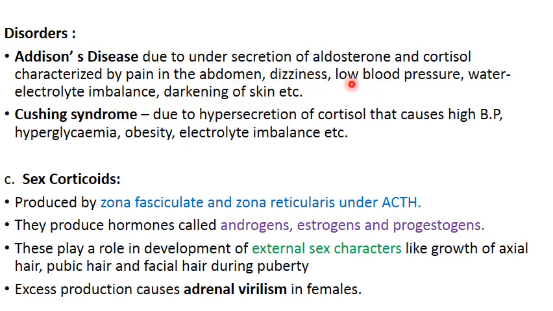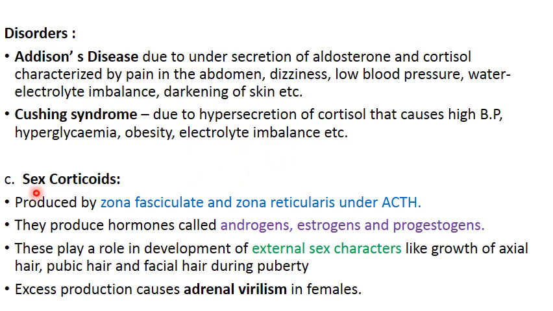Low blood pressure because of low level of sodium, so there will be water imbalance, less water because of low sodium levels, electrolyte imbalance, less sodium, more potassium, darkening of skin, etc. Cushing syndrome is due to hypersecretion of cortisol, and that hypersecretion will cause high BP, hyperglycemia, more blood sugar, it can get excreted in the urine, that is the adrenal diabetes, obesity, electrolyte imbalance, etc.